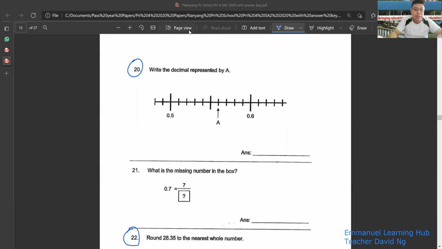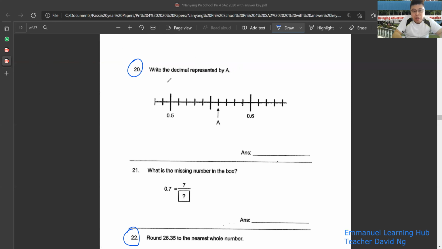To do well in maths, there are two things. One is understanding, two is doing. Understanding comes from thinking, from pondering. Doing comes from practicing. Doing is a speed, so it comes from practicing. You cannot have one without the other. You need both in order to excel in maths.